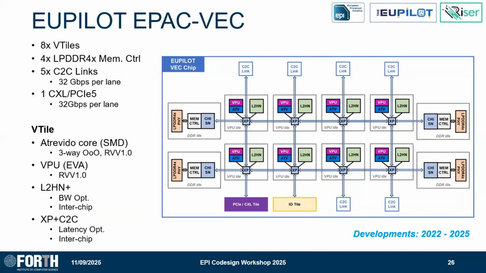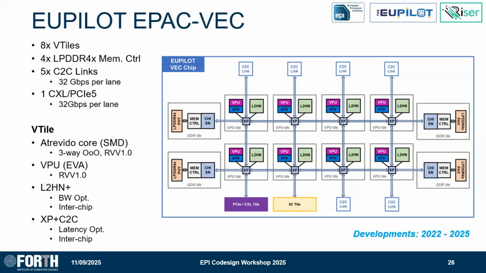The other thing is that this chip has its own DDR memory controllers, so it can be standalone. There is a lot more area we can afford to put these things. So 4 DDR memory controllers, 5 chip-to-chip links with 32 gigabits per second per lane, one CXL or PCIe 5 PHY, an interface to operate either as an endpoint or a root port.